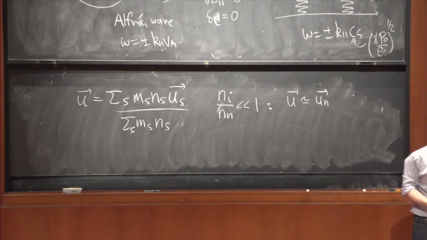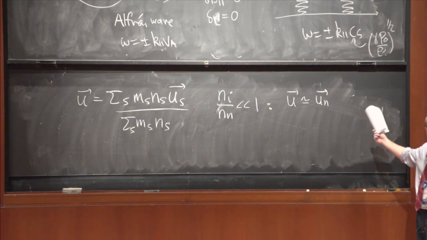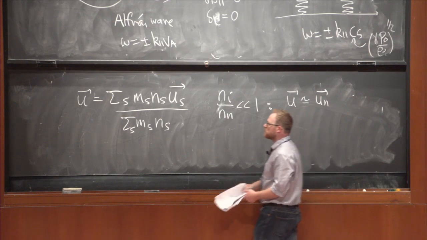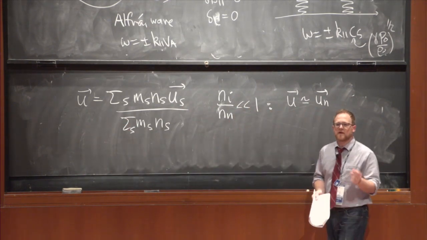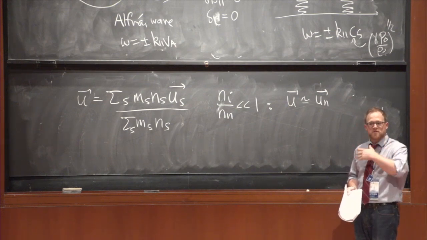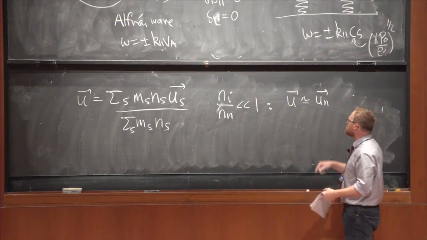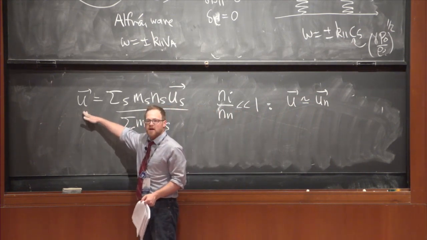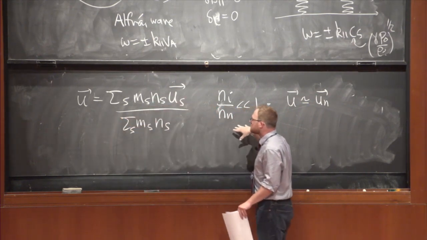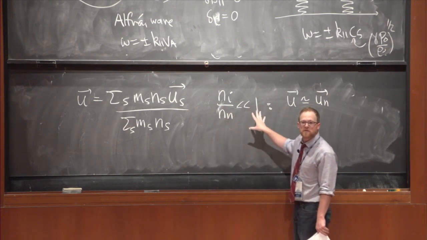It makes no sense for a magnetic field to be frozen into a bunch of neutral particles. So you have to be very careful what you mean by U. In ideal MHD, this is just a fluid element. But as soon as you depart from ideal MHD, you have to be very careful about what this velocity actually means, particularly if there's a large component of the plasma that's just neutral.